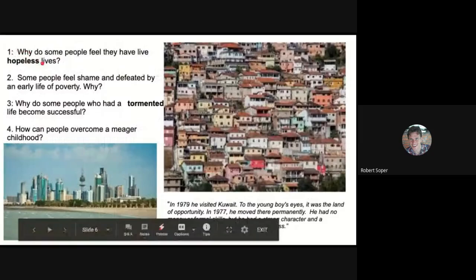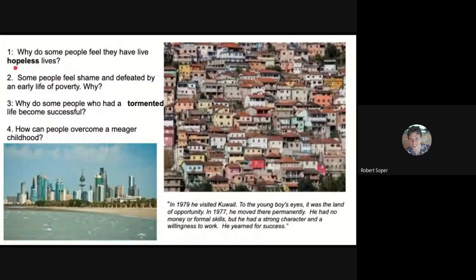So let's think about this word a bit more. Why do some people feel they have hopeless lives? Try and answer that question.